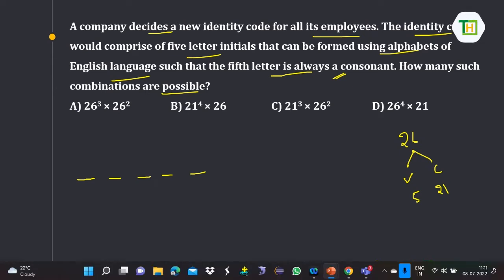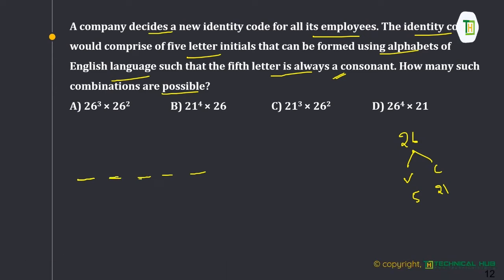Therefore the first, second, third and fourth places can have any of 26 letters. So you can fill A, B, C, D and so on up to Z. You can fill any letter for the first 4 places because it is not given any condition that letters cannot be repeated. So out of 26 letters, I can fill this place how many ways? 26 ways.